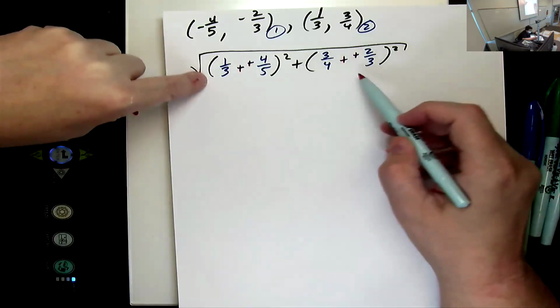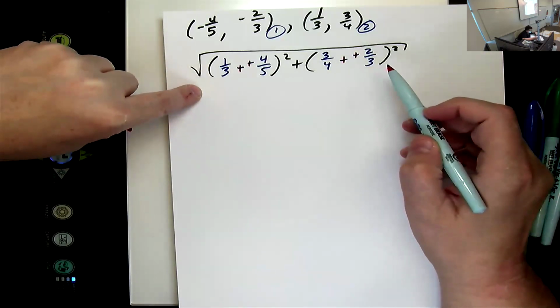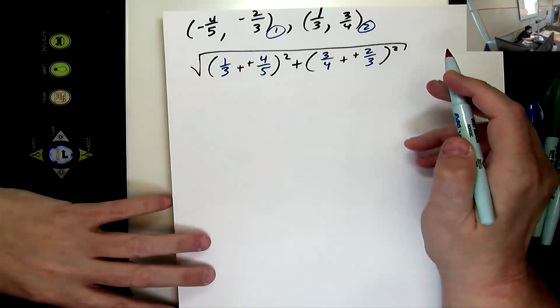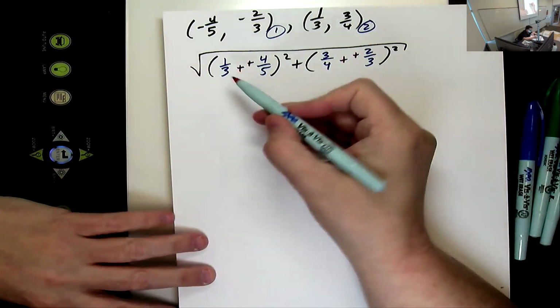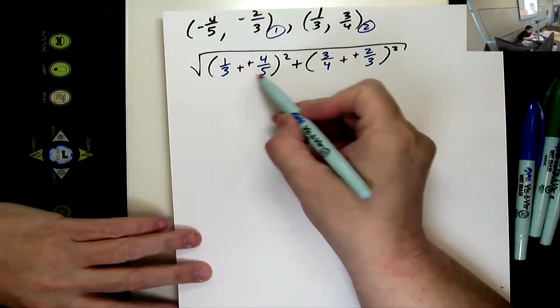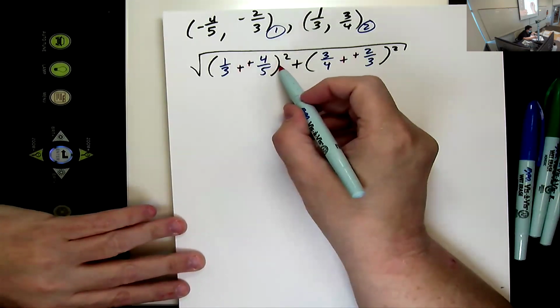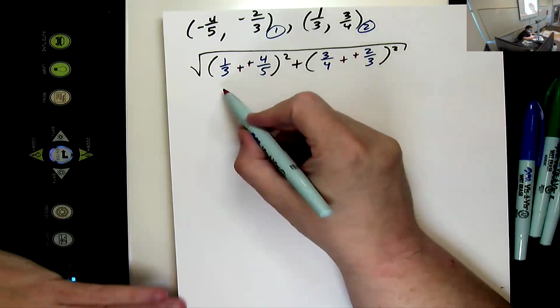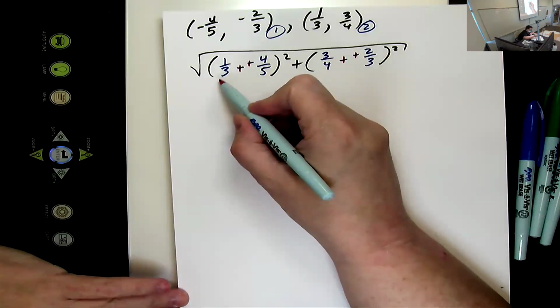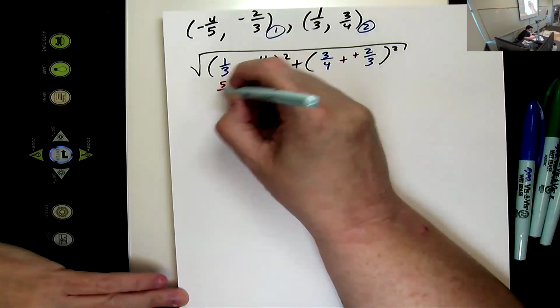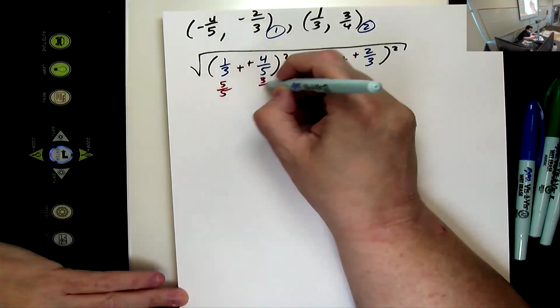It's a good spot to start. Eventually, we're gonna need a common denominator with everything. But if you just wanna make it simple to start with, find a common denominator here first, so you can combine it. It's gonna make squaring easier. So I'll multiply this one by 5/5. Just multiply by the other denominator.